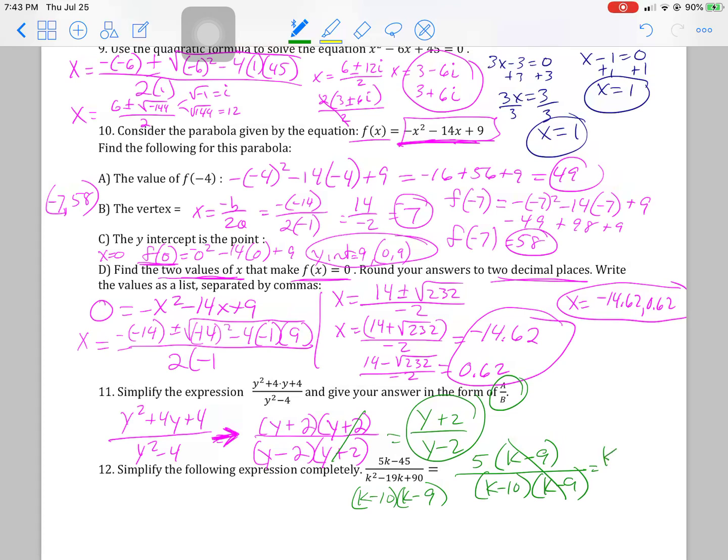So this is going to be 5 over k minus 10. All right, remember you can't take the 5 out of the 10. This k minus 10 is all one factor. Consider it in parentheses, no taking anything out of the parentheses. So you need the whole thing for the answer. Okay?